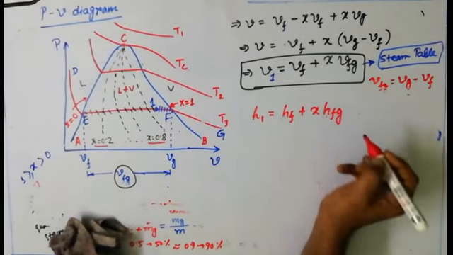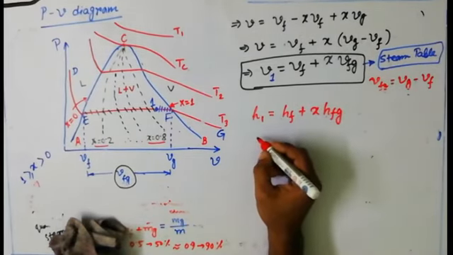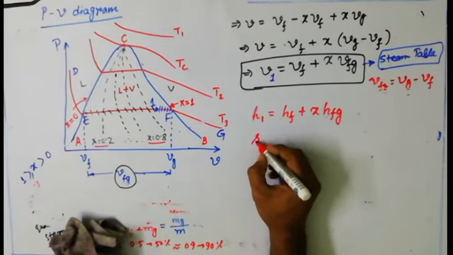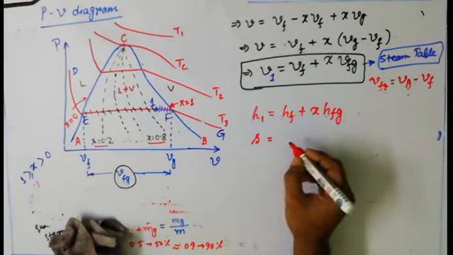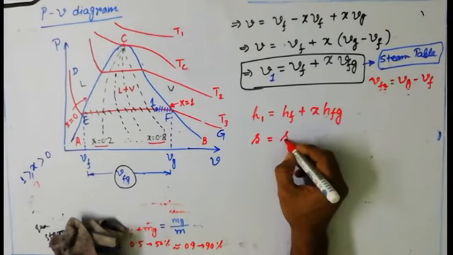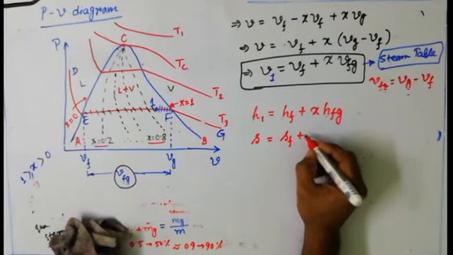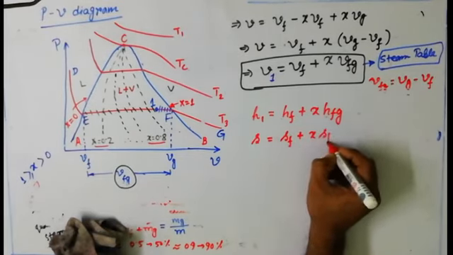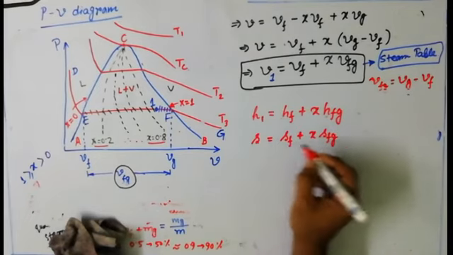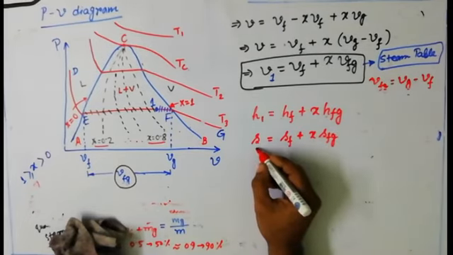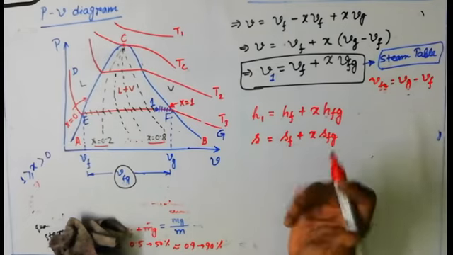Similarly, if you try to find out the specific entropy, what entropy is I will clarify later. It is also a thermodynamic property. It will come at the time of the second law of thermodynamics. It can also be written in the same manner. Small s is the symbol of specific entropy; if it is capital S, then total entropy.